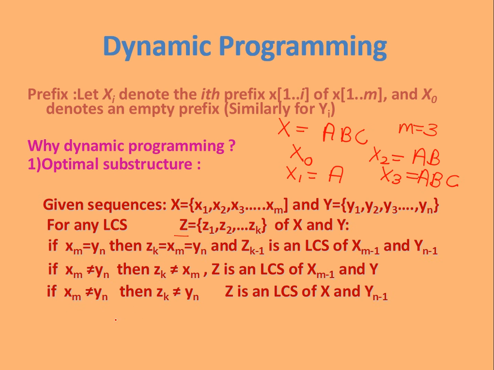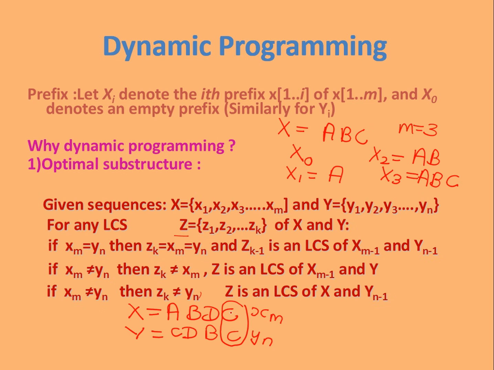Now, say x is equal to A, B, D and C, and y is equal to C, D, B, C. Here the last two characters are exactly the same. Thus x_m is equal to y_n.